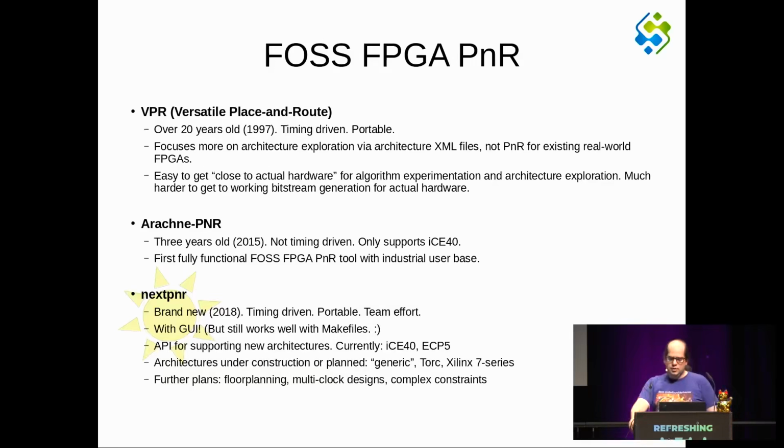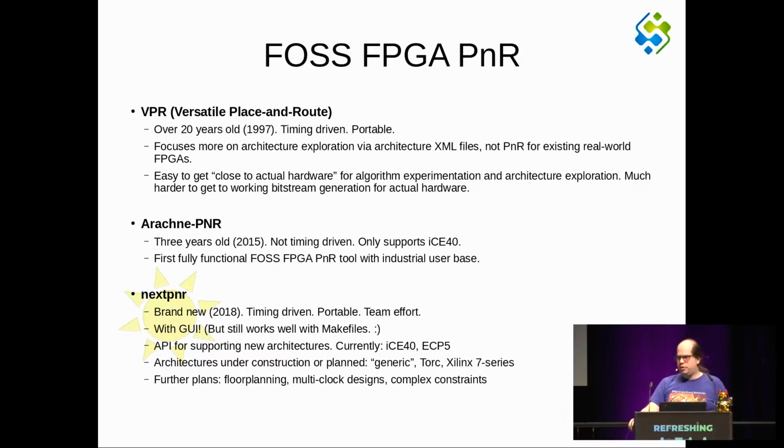So we needed something else to not only do architecture exploration on theoretical devices, maybe do some experiments for new placement and routing algorithms. But for targeting real devices, we needed something else. So when we did Project IceStorm, we wrote our own place and route tool just for that, which was called ArachnePNR.